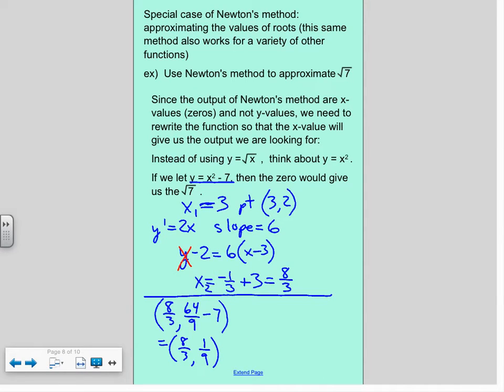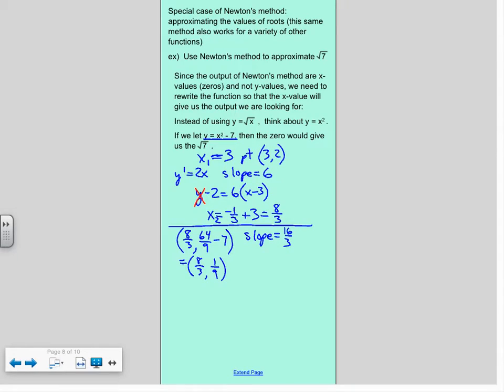And then our slope would just be 2 times our x value, so 16/3. So we write our equation, y minus 1/9 equals 16/3 times x minus 8/3.